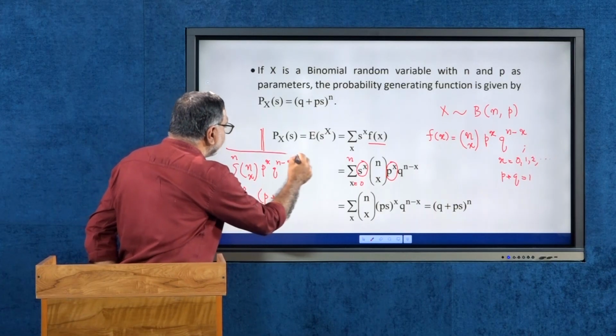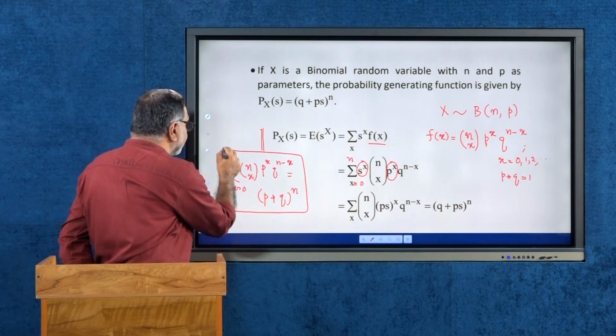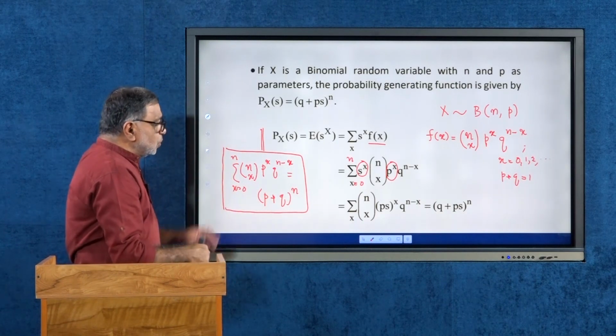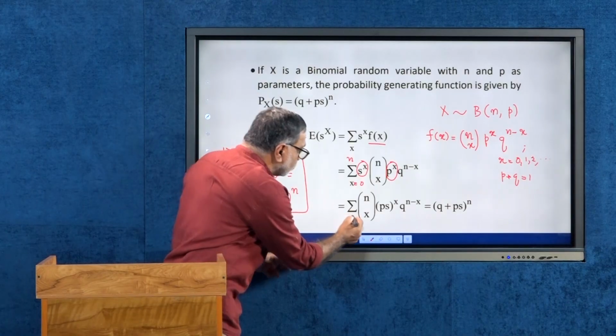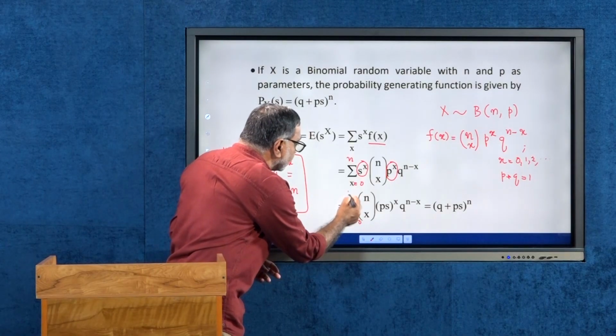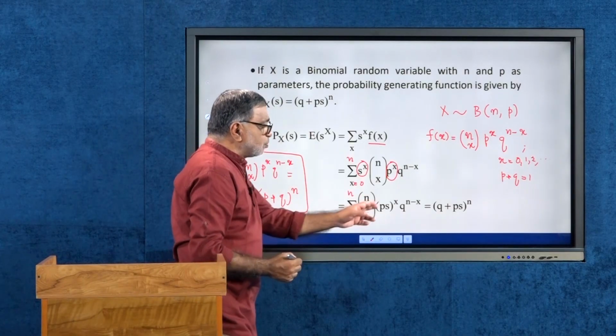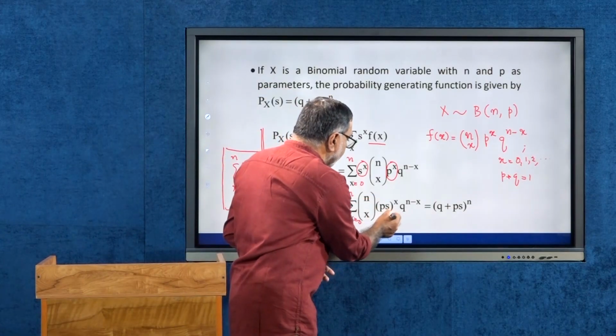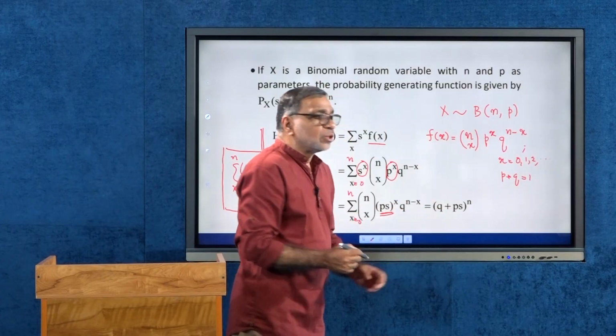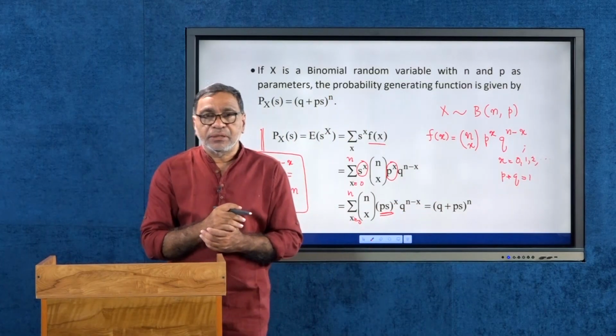This is a result we have already discussed. So using this concept, the sum over x from 0 to n of n C x (ps) power x q power n minus x is equal to, instead of p we have ps, so (q plus ps) all power n.